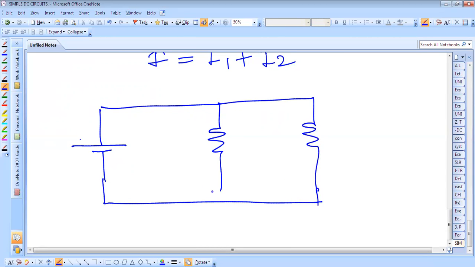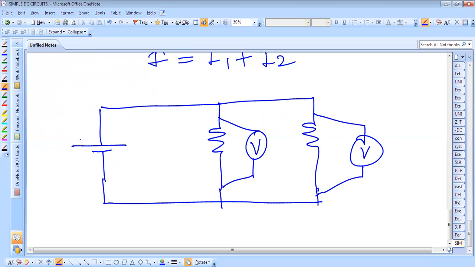A voltmeter is always connected across. So here we have to connect one voltmeter, and here we also have to connect one voltmeter for measuring the voltage across this resistance. This is the voltage source having some voltage. This is the current I flowing through this. Okay. So in this way we can measure the current and voltage in the given circuit.